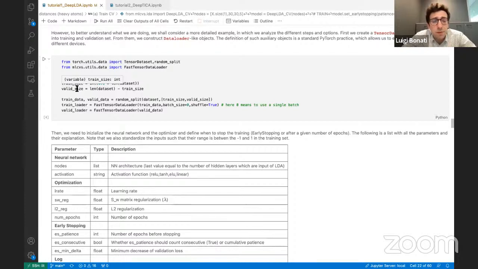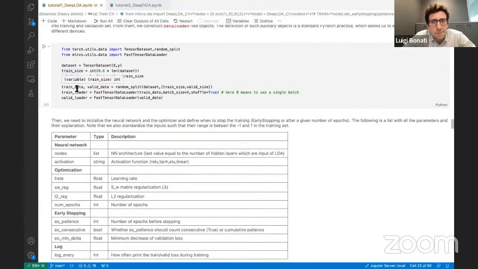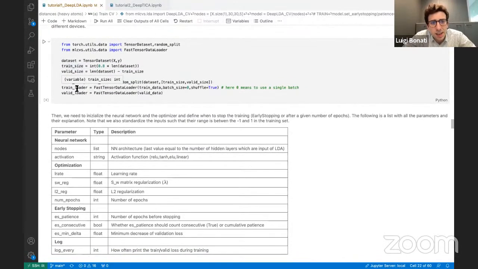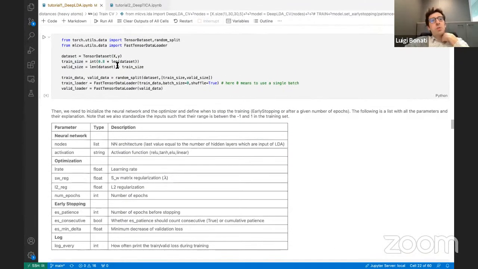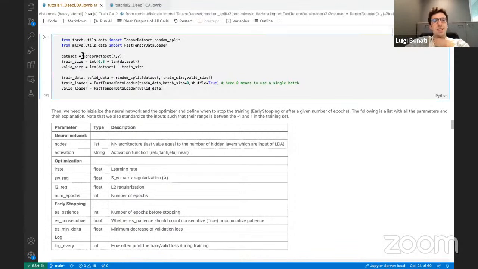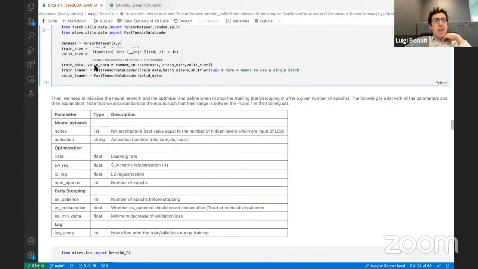We can move them from one device to the other, so this is a customary practice which allows us to easily train on GPU or CPU, or whatever device is available. So here what we do is to create a dataset. We split it into train and validation. Here we take 80% of the points to be in the training set and the other in the validation set.